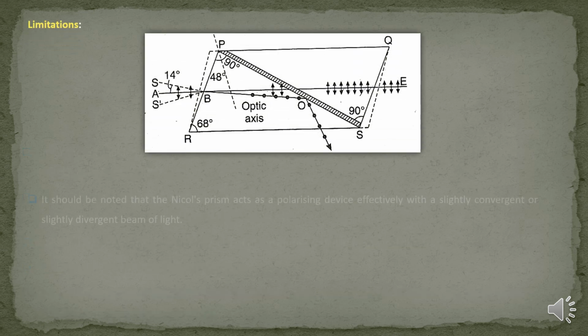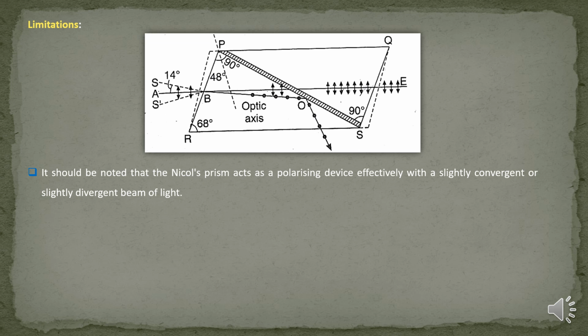Limitations of Nicol's prism. It should be noted that the Nicol's prism acts as a polarizing device effectively with a slightly convergent or slightly divergent beam of light.